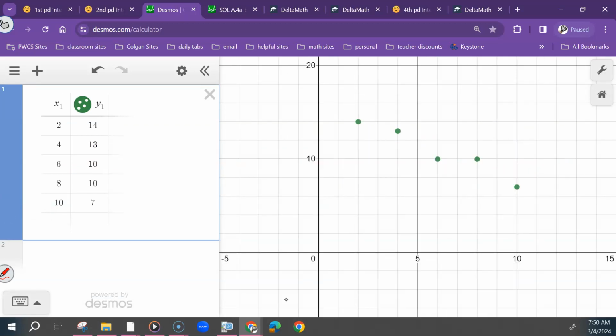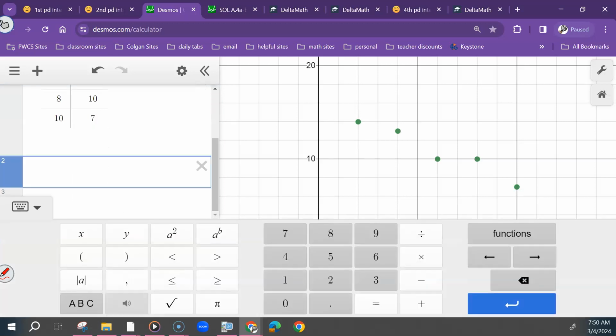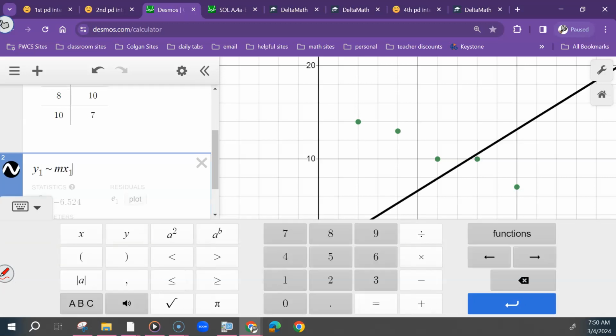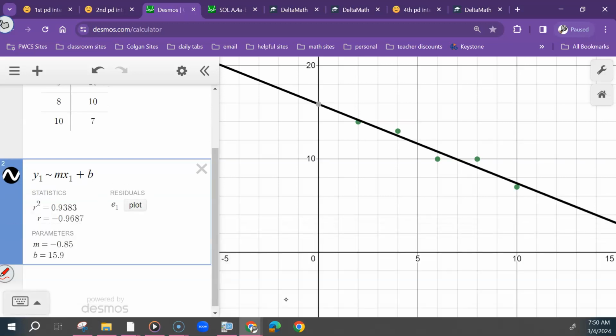So once we have those points, in the next line we're going to type in our y1, the squiggly line with tilde, mx1 plus b, to get our slope and y-intercept and put that in your y equals mx plus b format.